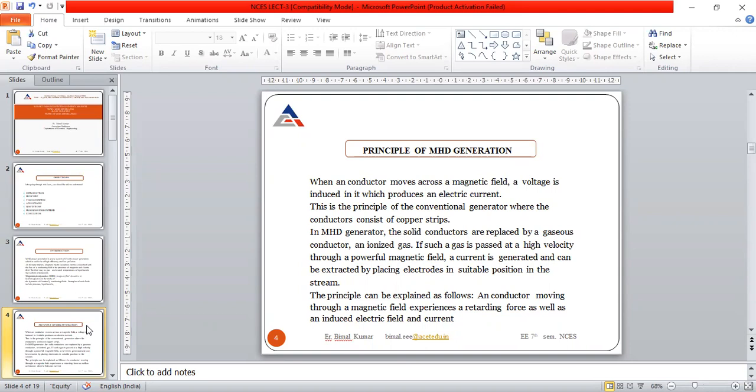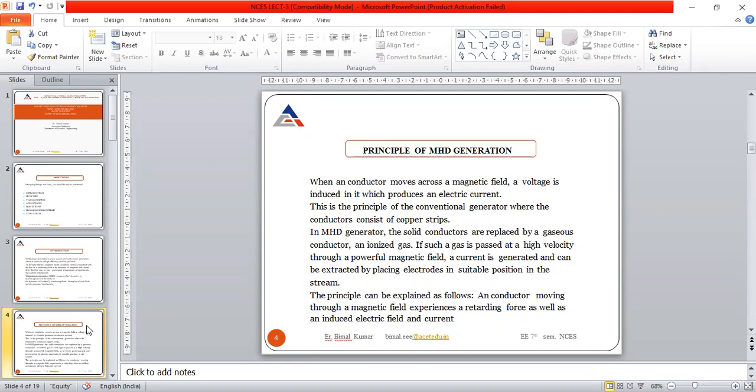So what will happen? Instead of the conventional conductors, we are just passing the ionized gas, or gaseous conductor, through at high velocity, and then some EMF will be generated across the ions of that ionized gas, and that may be collected at the electrodes which will be placed in between, right?